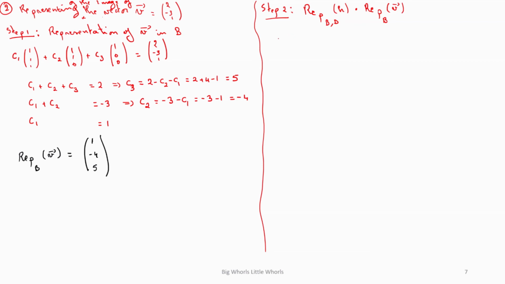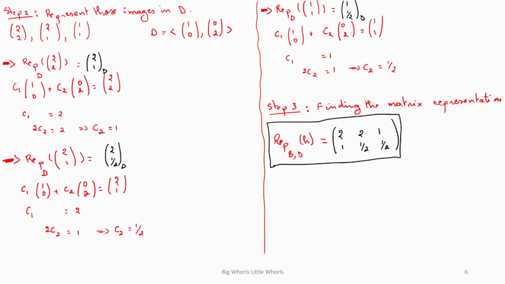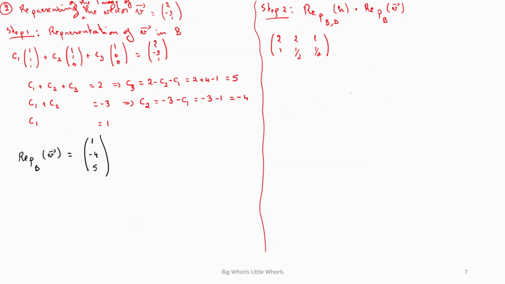So basically we have our matrix, which was, if we recall, 2, 1, 2.5, and then 1.5. That was our matrix representation here. 2, 1, 2.5, and 1.5.